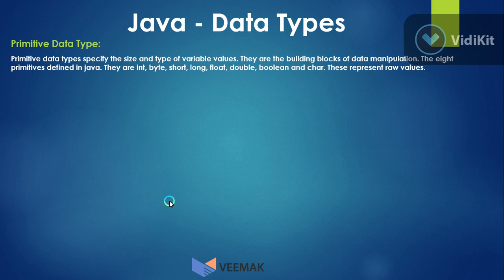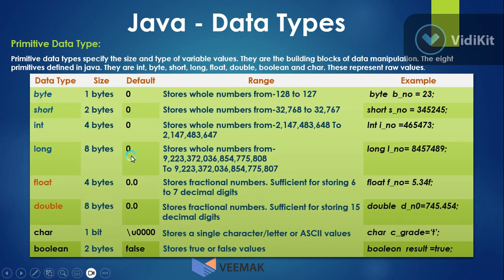The 8 primitives defined in Java are int, byte, short, long, float, double, boolean, and char. These represent raw values. Look over here. Byte is a data type. The size is 1 byte. Default value is 0.